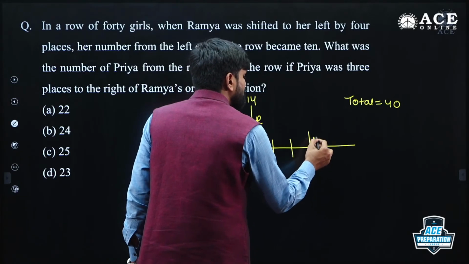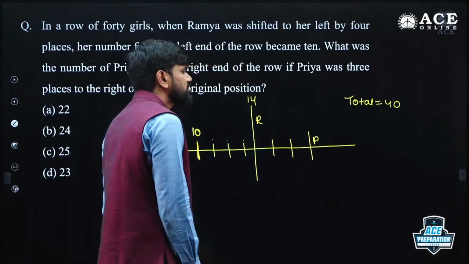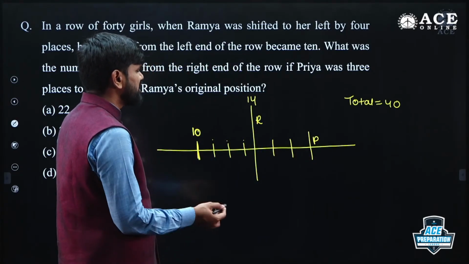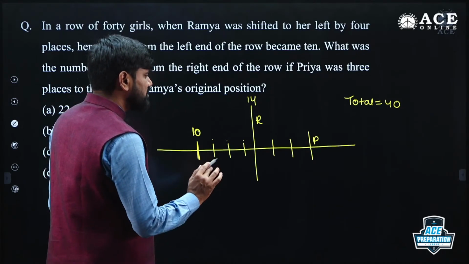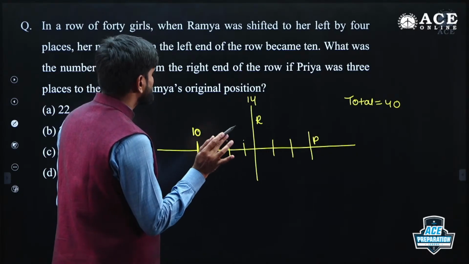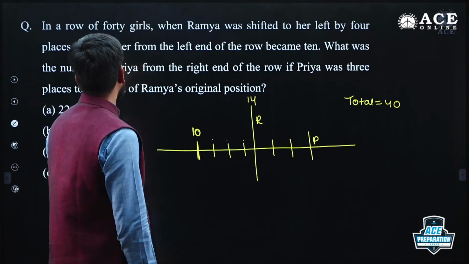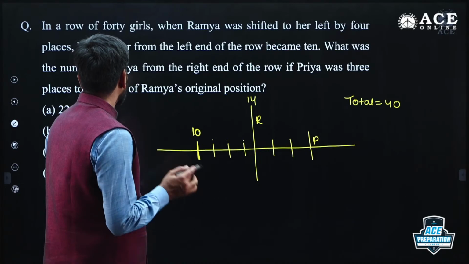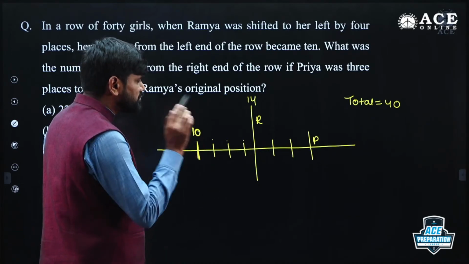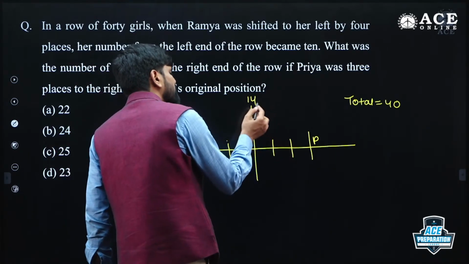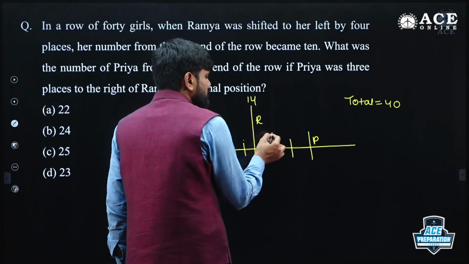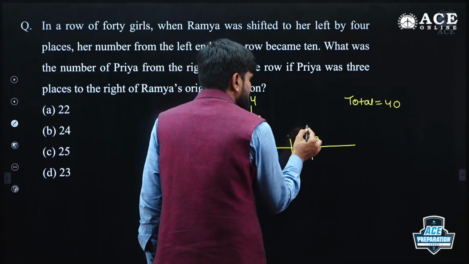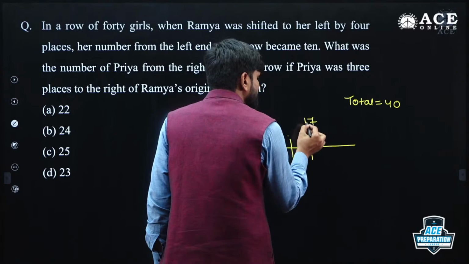So position of Priya from the left end you can get from this: 14, 15, 16, 17. This we got as 17 straight away.